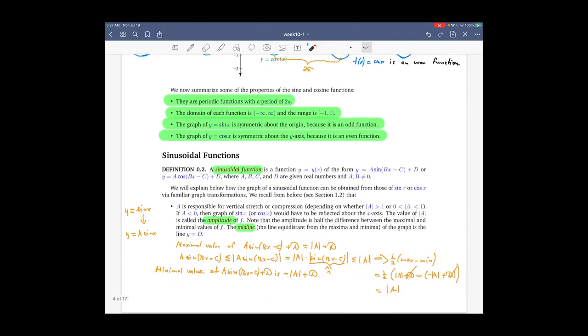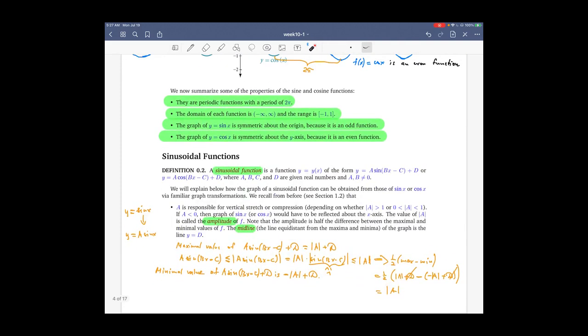For the more defined sinusoidal function, a sine bx minus c plus d, or a cosine bx minus c plus d, of course, the midline is simply the line y equals d. B and C transform the graph horizontally, shifting or stretching or compressing.